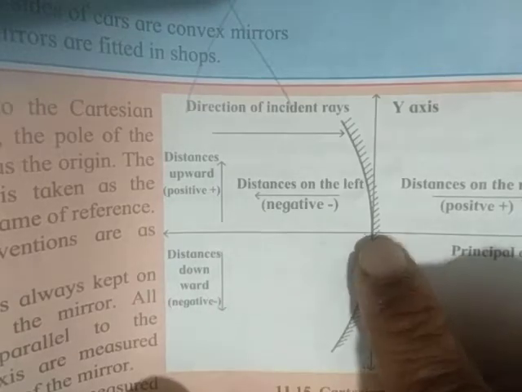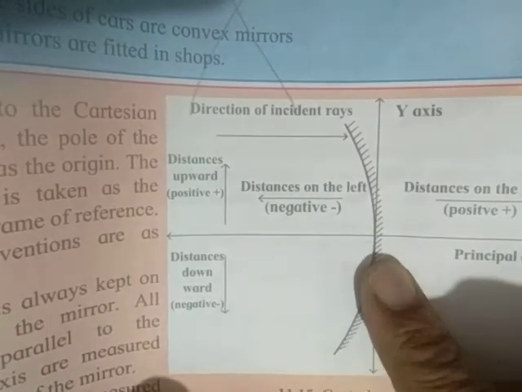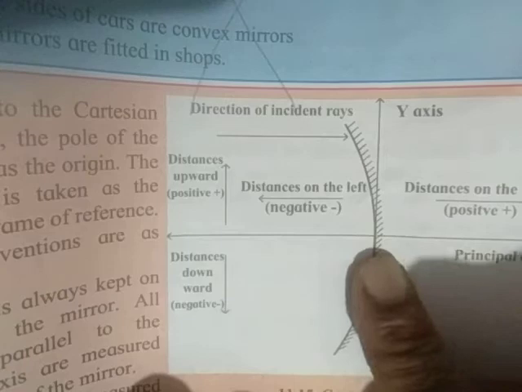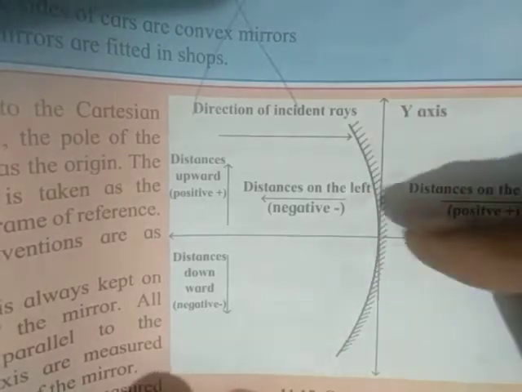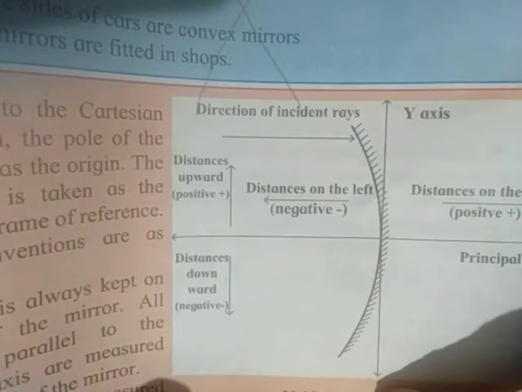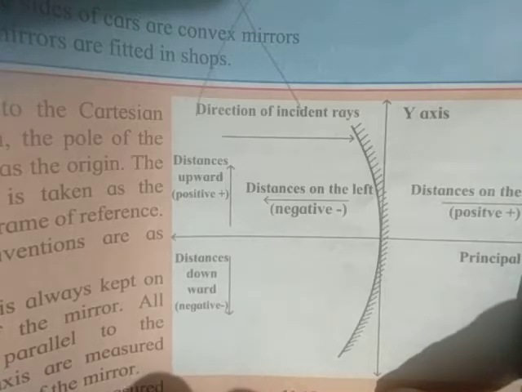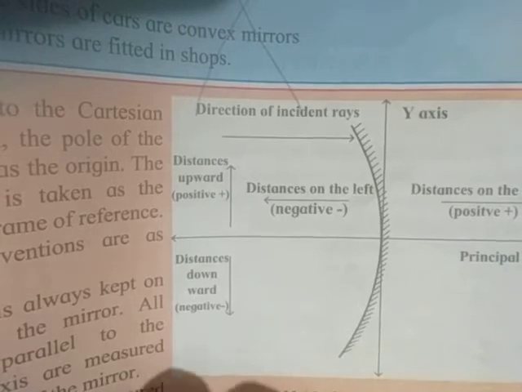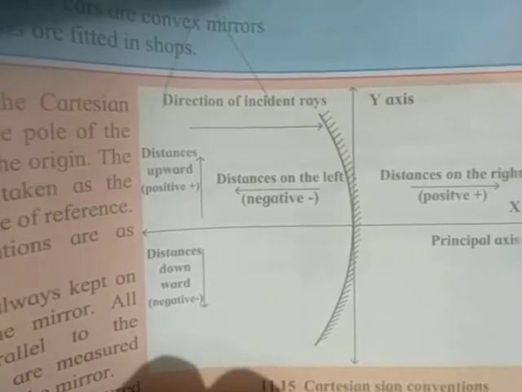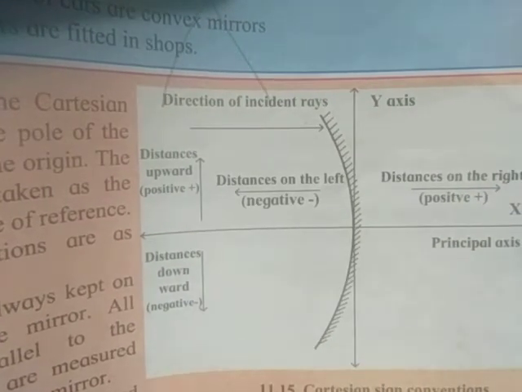Fine. Here will be the origin. That means we mark a 0 over here. Correct? Now the upward direction of the y-axis is the positive axis, whereas the downward direction of the y-axis is the negative axis. According to this system, now we are going to learn about the sign conventions for the spherical mirrors.